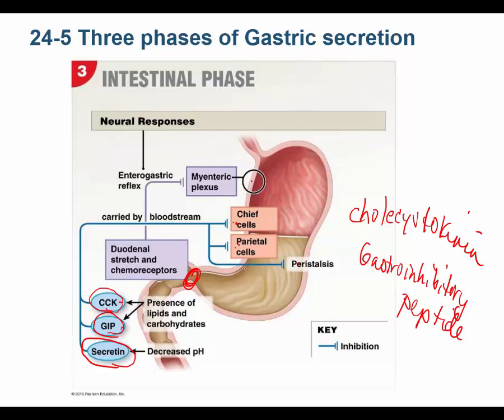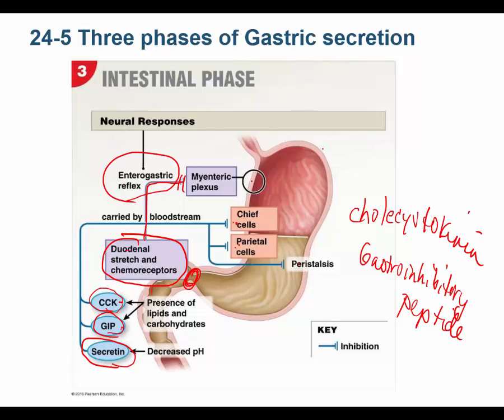All right. Let me see what else. In addition, the stretch of the duodenum goes up and it shuts down the myenteric plexus to shut down the churning and pushing of my stomach food into my duodenum. This is called the enterogastric reflex.